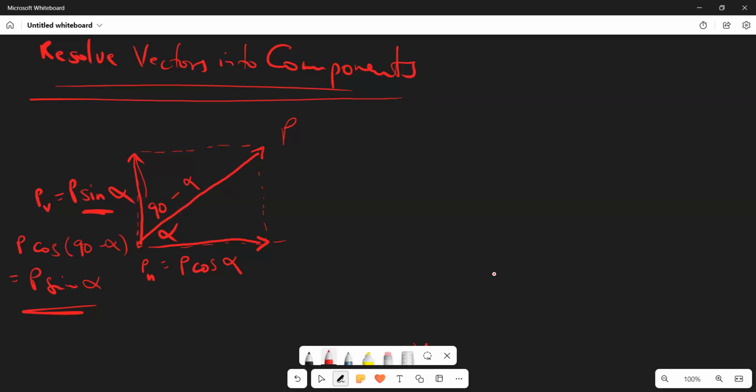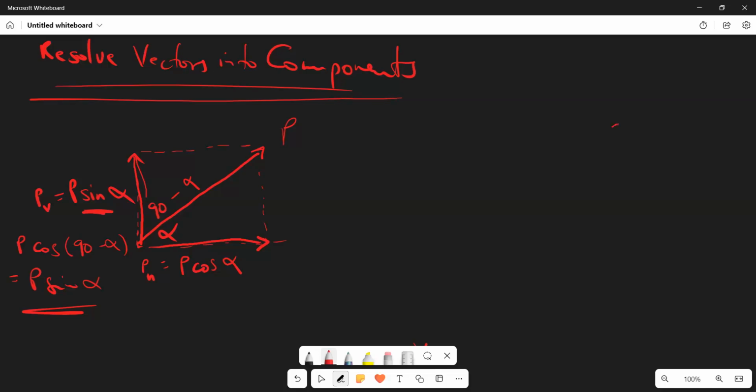So that's how you can take a force and resolve it into, as a matter of fact, any component you want. Very often, to simplify these real world problems as much as possible, we can do a resolution of the force in the vertical direction or in the horizontal direction.